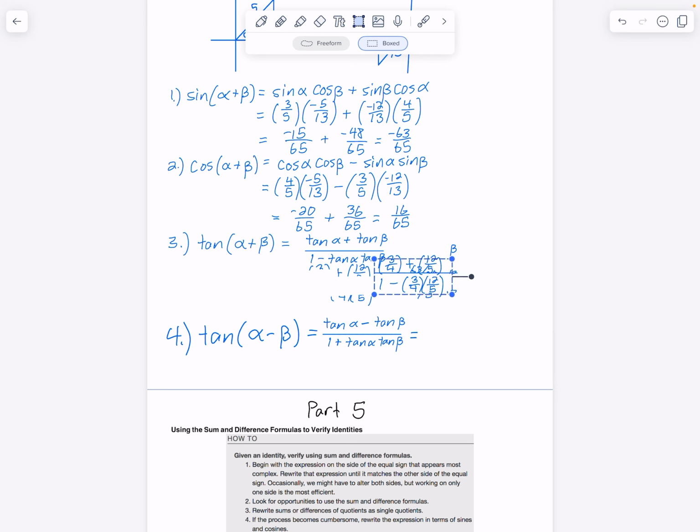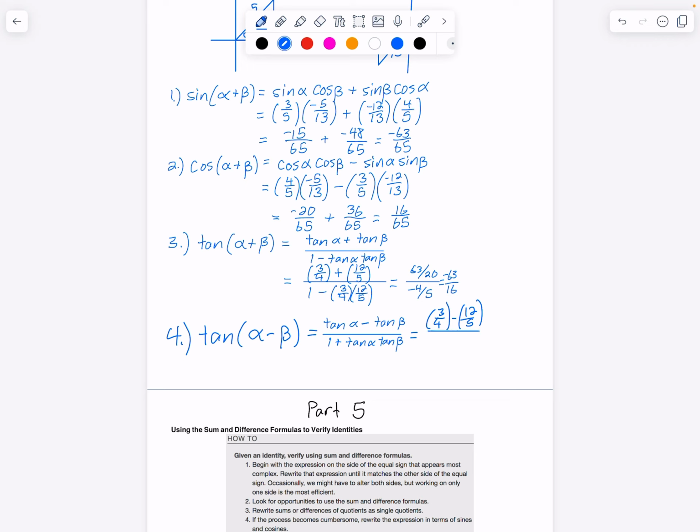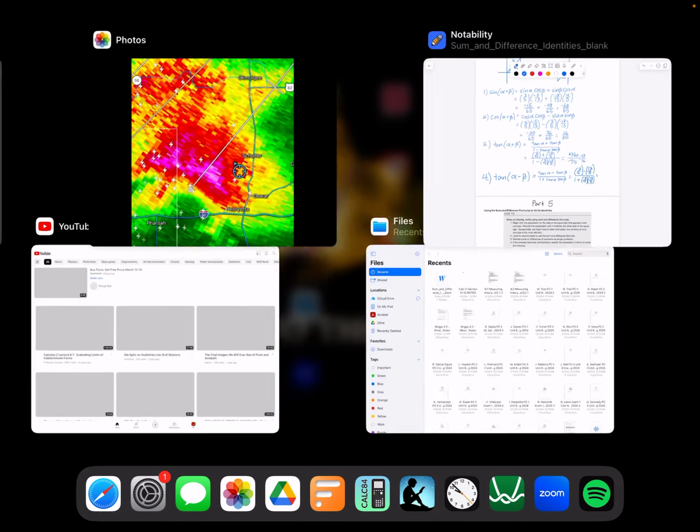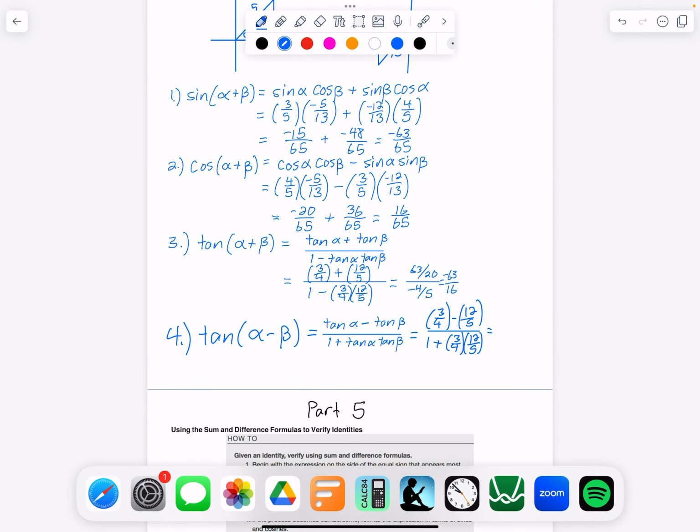Oh, hold on, I did something weird. Okay, it looks like I'm just going to rewrite it. All right, so we get 3/4 minus 12/5 all over 1 plus 3/4 times 12/5. Now, be careful. I've had students do this where they just change the sign of the answer above. That may work sometimes, but it would only be a coincidence.